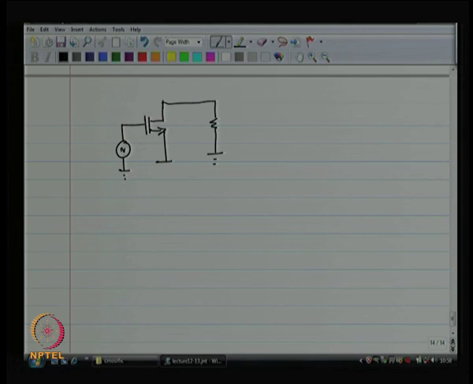Okay. Power is coming into the MOSFET. Is there power coming into the MOSFET at all? Is there any current here? Well, there is current, not at DC. At DC there is no power going into the MOSFET. So, we can't really talk about power gain, but at high frequencies there is a current going into the MOSFET.